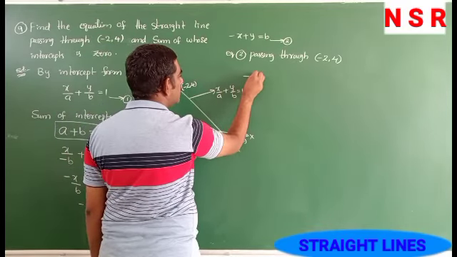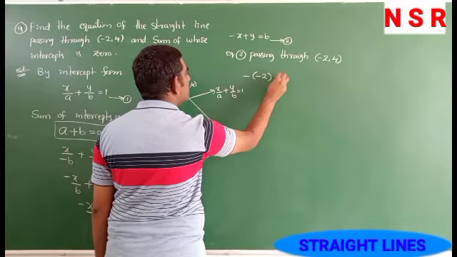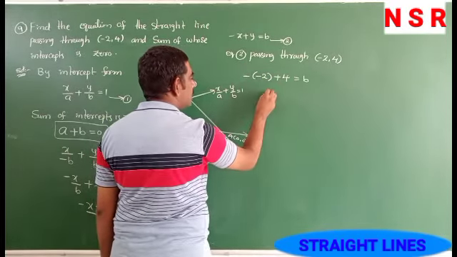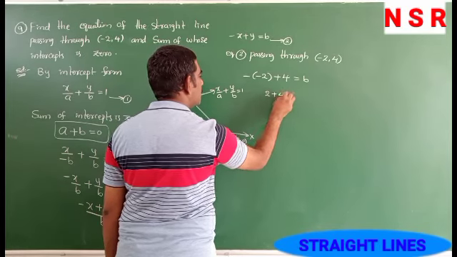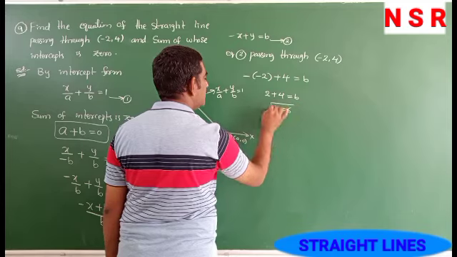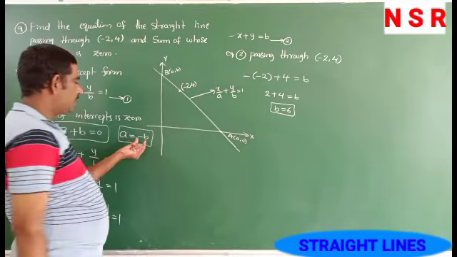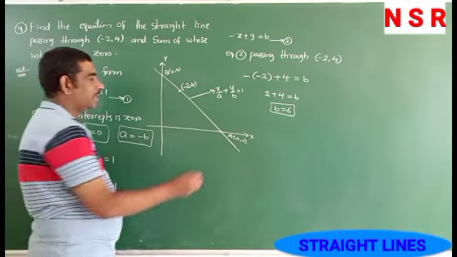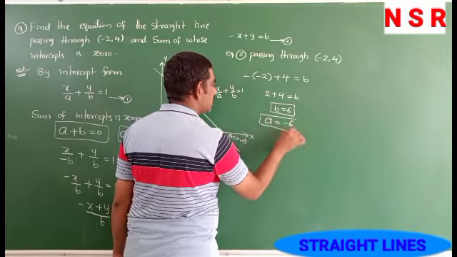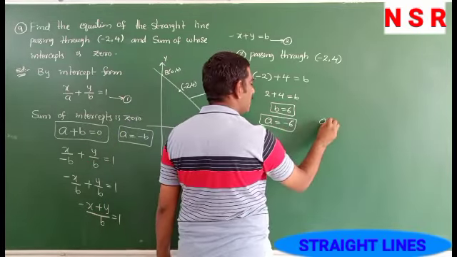We get minus of minus 2 plus 4 equal to B. So minus into minus gives plus 2 plus 4, that is 6. Now B value is 6. Now B value substituted here, we get A equal to minus 6. Why? Because A is equal to minus B.